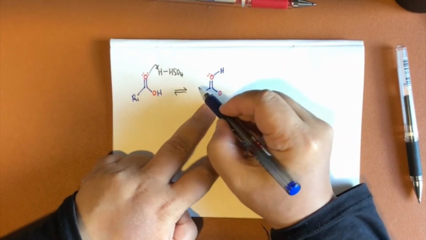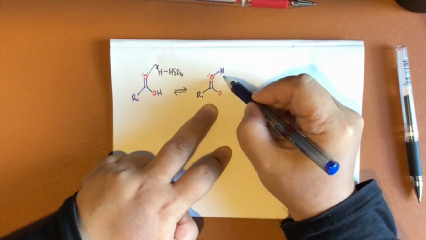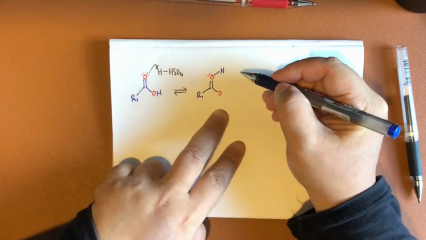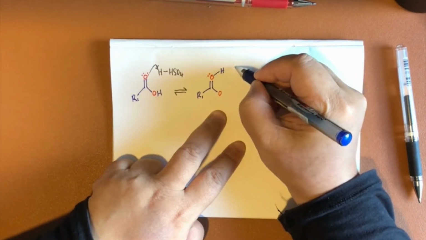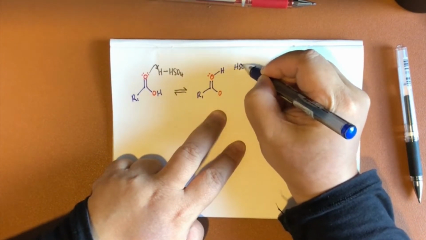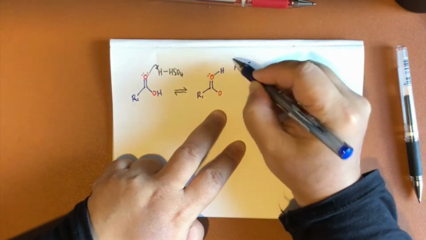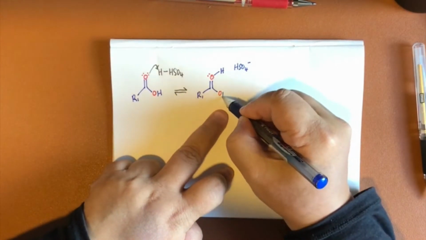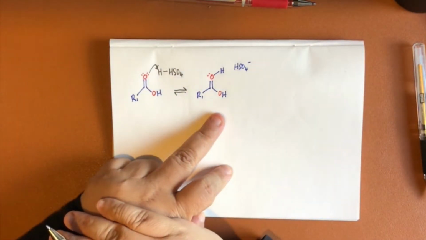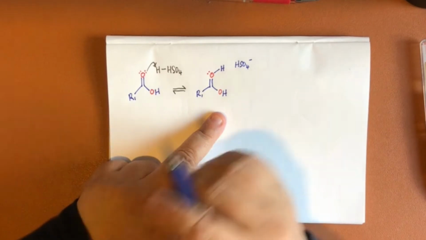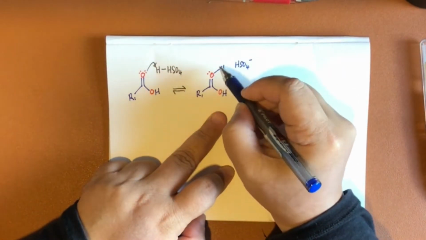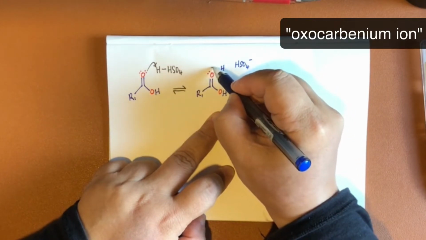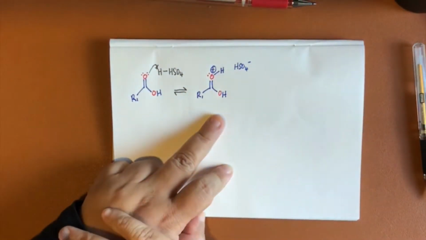So the carbonyl group here is being protonated by the hydrogen, and you also have that SO4 minus going around. All right, so now that it's already picked up a proton or hydrogen, it'll be positively charged.